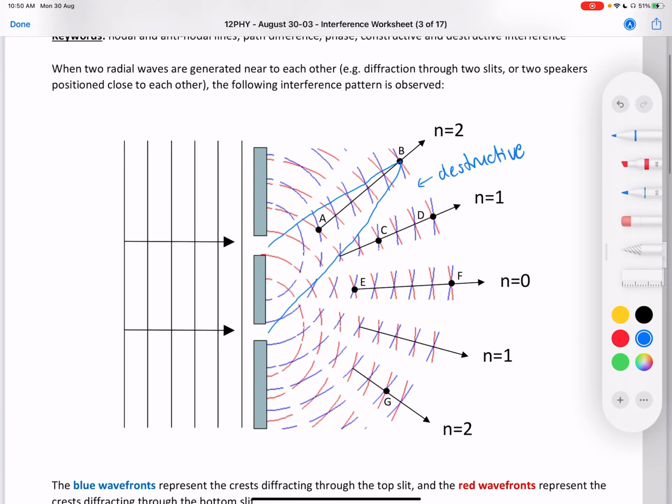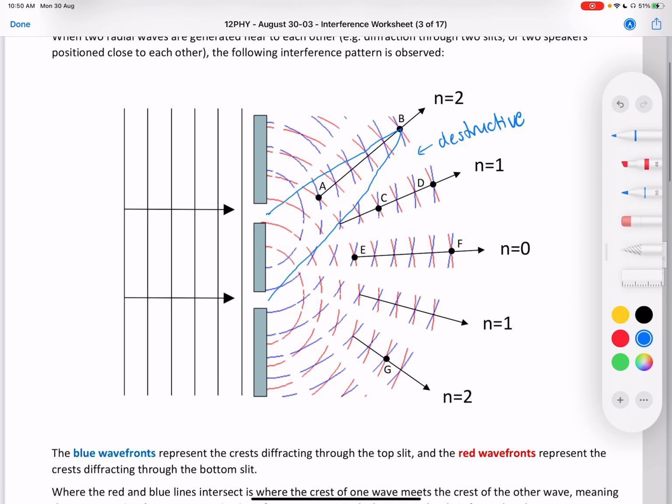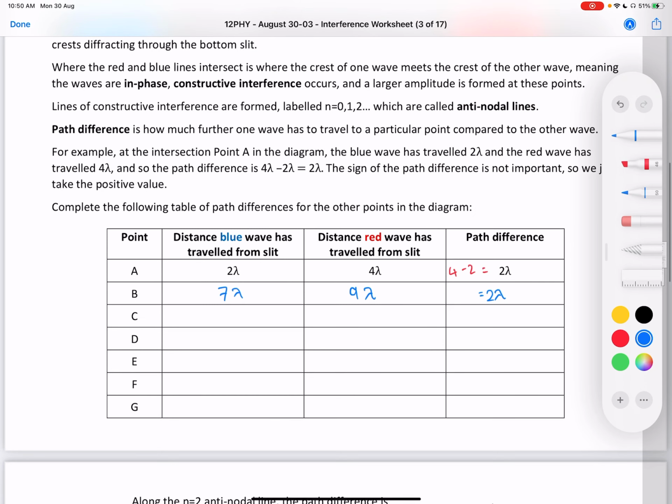Okay, let's do C. 1, 2, 3, 4, 5. And 1, 2, 3, 4, 5, 6. 5 lambda, 6 lambda equals 1 wavelength.